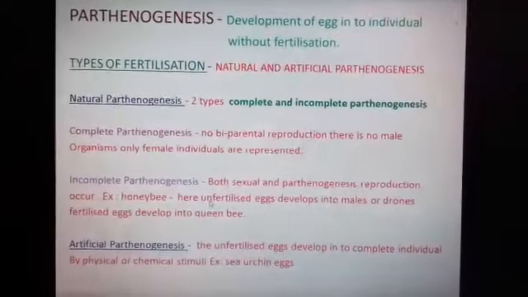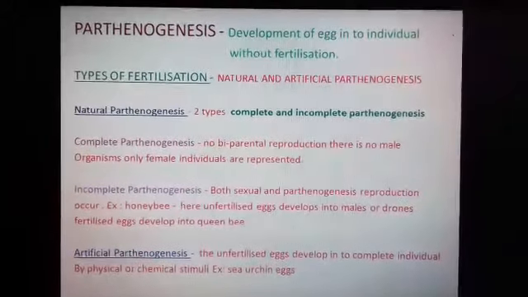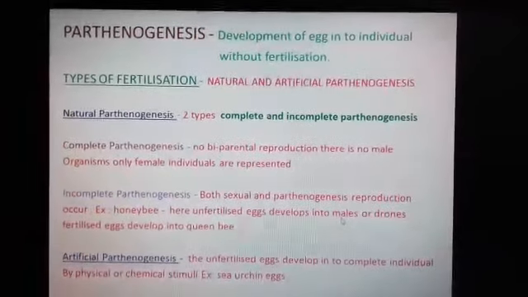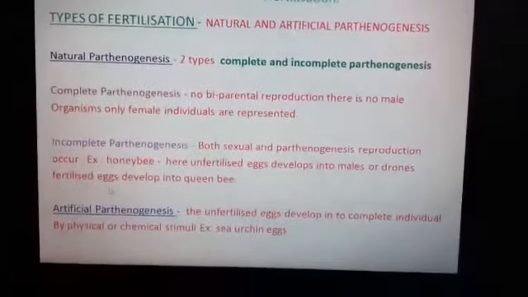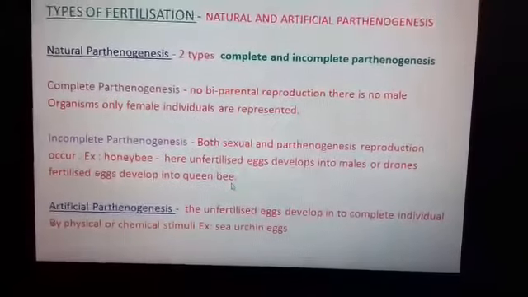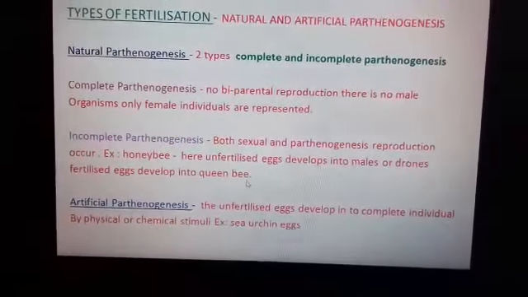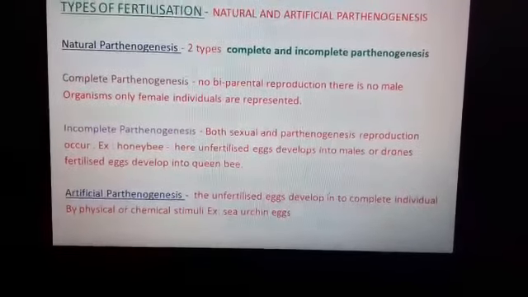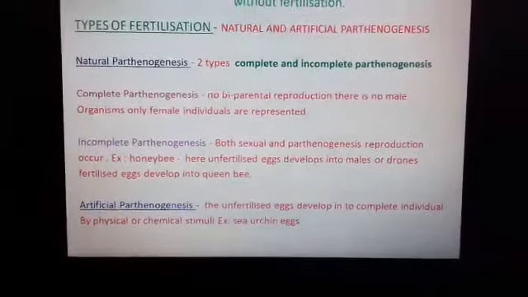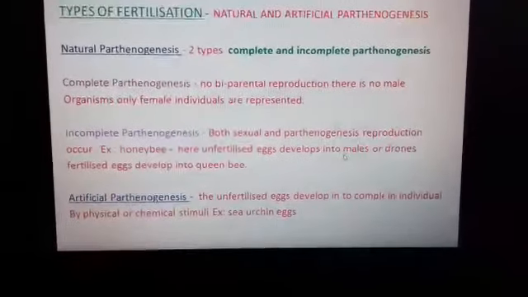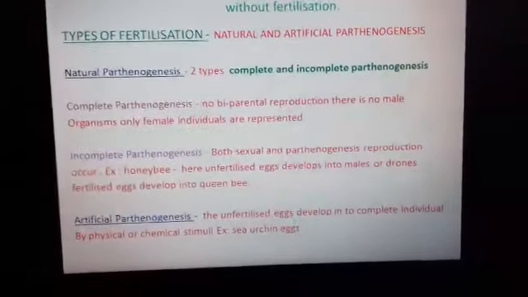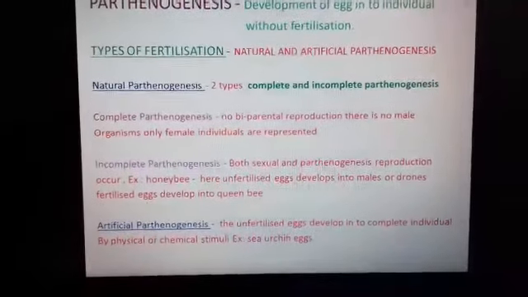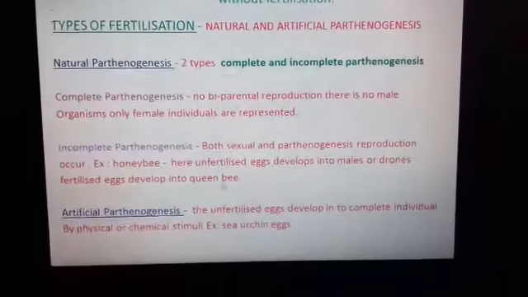See here, the unfertilized eggs, that is the eggs without fertilization, develop into males or drones, and the fertilized eggs develop into queen bees. You know already in a honeybee comb there is only one queen bee, and worker bees and male bees are there. So the unfertilized eggs develop into males, and the fertilized egg, that is after the union of male and female gametes, grows into the queen bee.